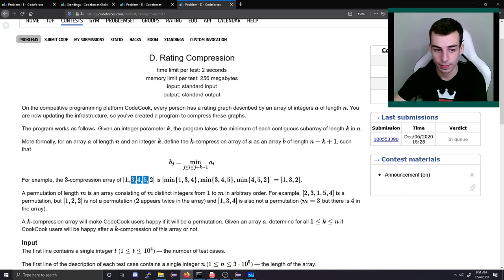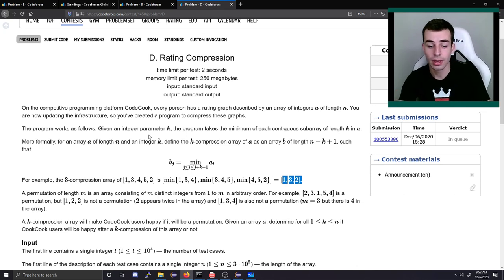The next will be 3, 4, 5. The next will be 4, 5, 2. The minimum of the first array is 1, of the next is 3, and of the third is 2. So this is 1, 3, 2, which has each of the numbers from 1 to 3 exactly once. So it's a permutation. The question is, if you do this for every size, which of those are permutations and which aren't?